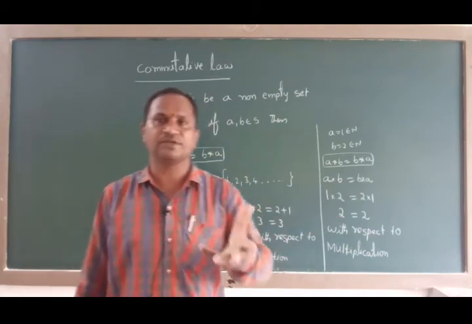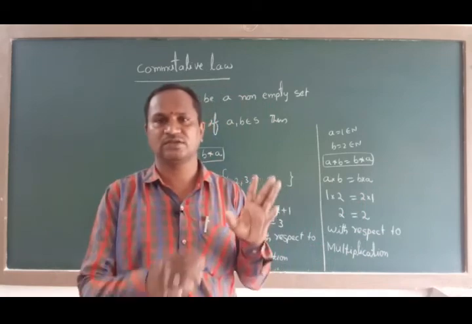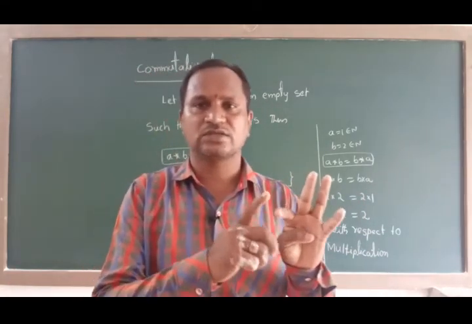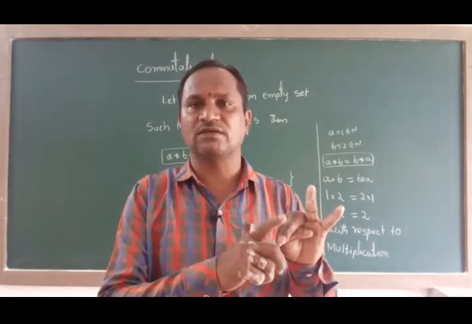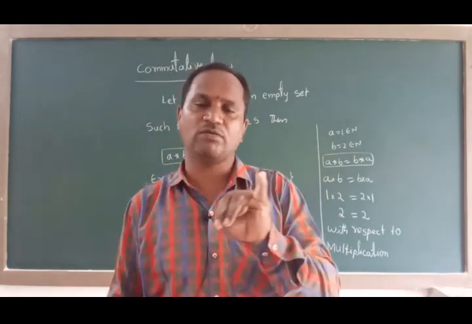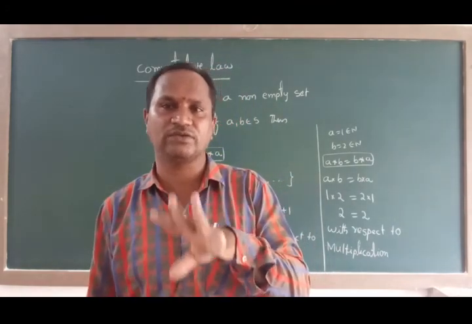Like that, I have finished 5 laws. One is the closure law, another is the associative law, then existence of an identity element, existence of an inverse element, and commutative. Totally 5 laws I have given.